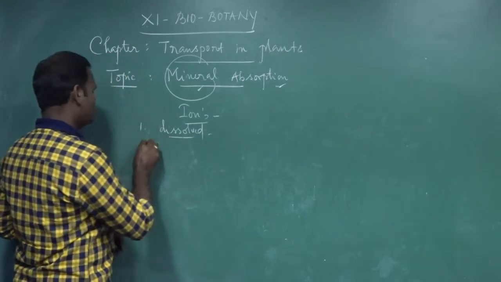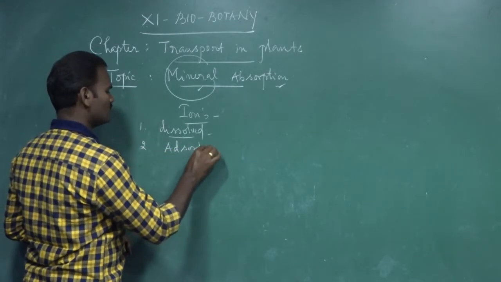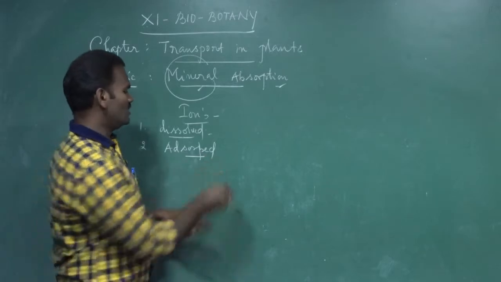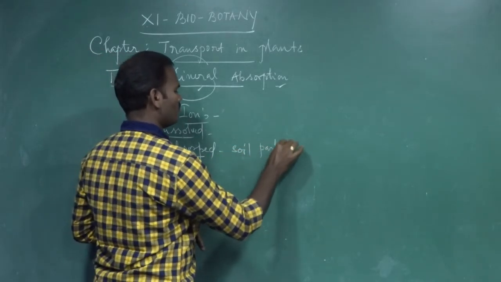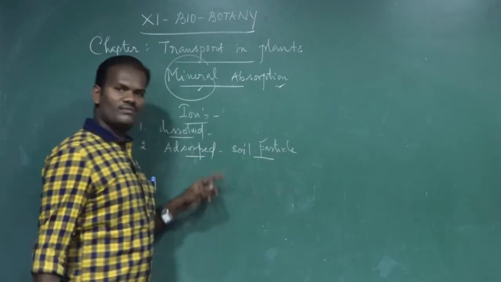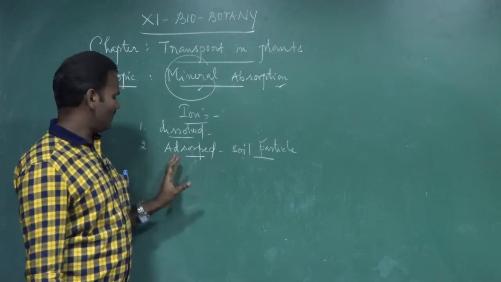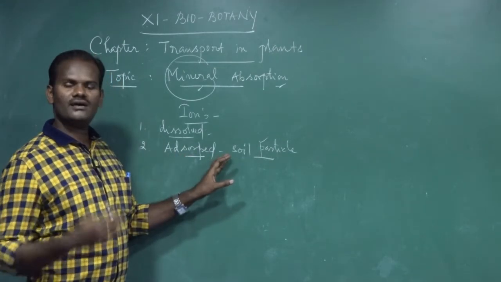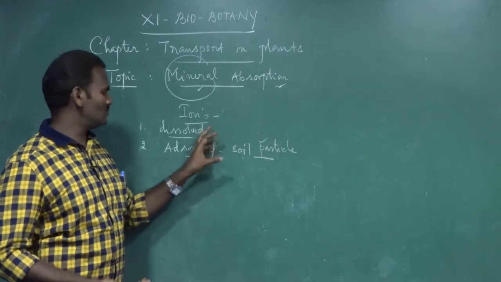Another is adsorbed, in the sense of attached to the soil particles. Either they occur in the soil solution in dissolved form, or they are adsorbed to the surface of the clay particles or soil particles. These are the two forms.